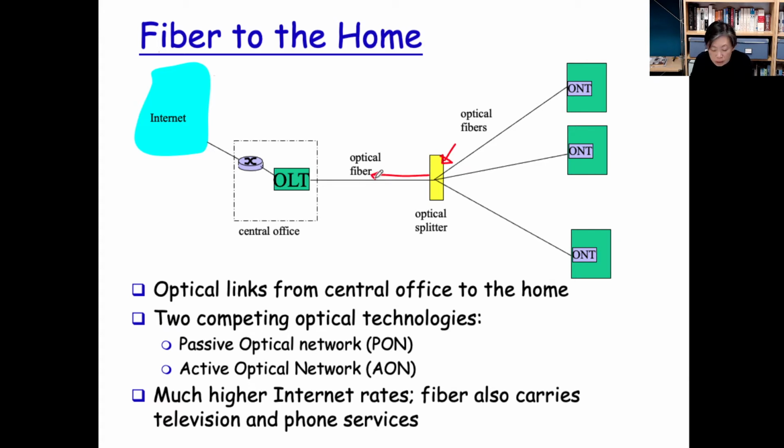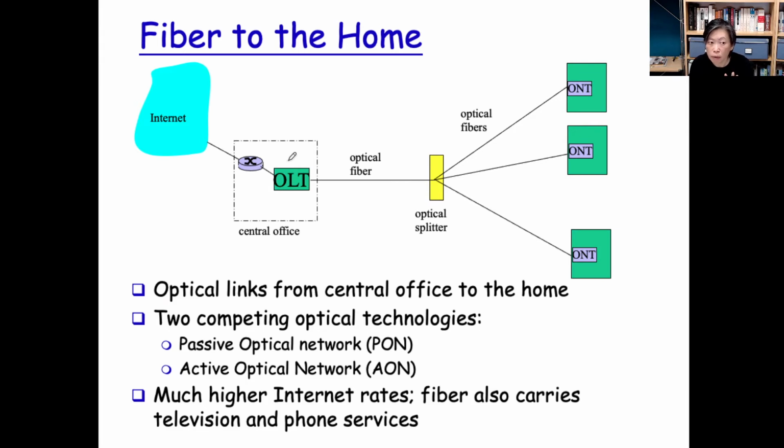So the splitter plays the role of demultiplexing signals so that they reach a particular household, or multiplexing signals so that they go to the central office. Its role is a little bit like the routers or switches at the core of the internet. So the optic splitter here is a very important device for the optical network.